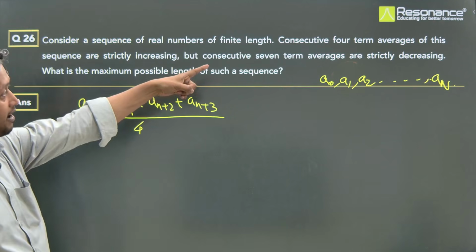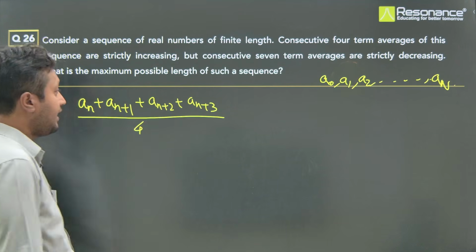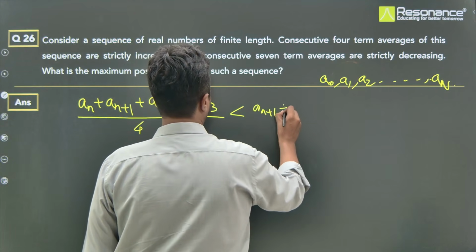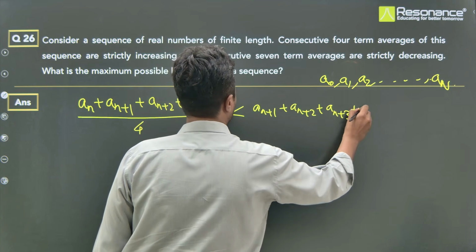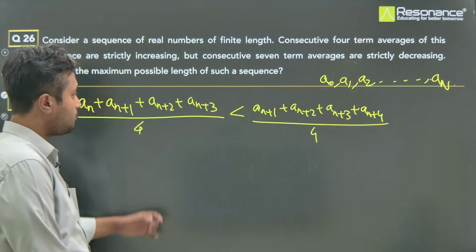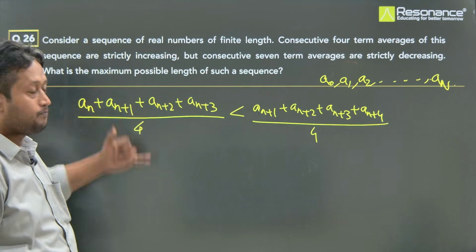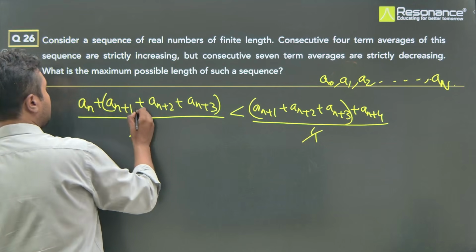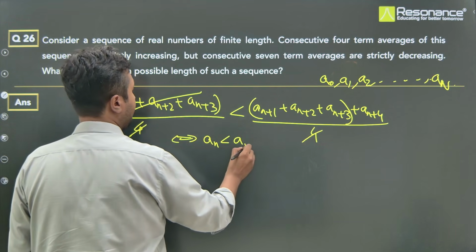That's the 4-term average at stage n. Now at stage n plus 1, it must be greater. So strictly less than a_{n+1} plus a_{n+2} plus a_{n+3} plus a_{n+4}, whole thing divided by 4. So that is all the information that's captured in the first part of the sentence. And that's equivalent to, once you throw these things out, that's the same thing as saying a_n must be less than a_{n+4}.